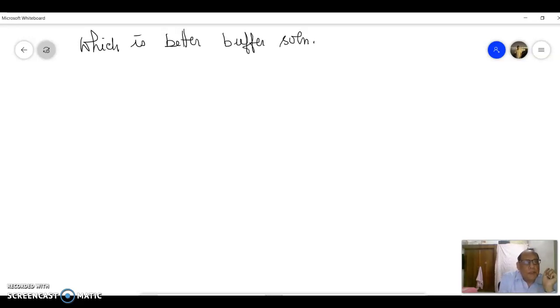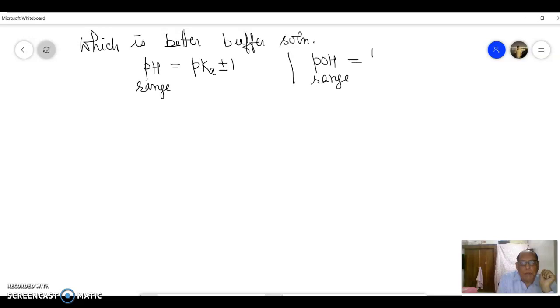You know that the pH range of an acid buffer solution is given by pKa plus minus 1. And similarly, pOH range for a basic buffer solution is given by pKb plus minus 1. It is because experimentally it is found that salt to acid ratio or salt to base ratio can be from 10 is to 1 to 1 is to 10 molar ratio.